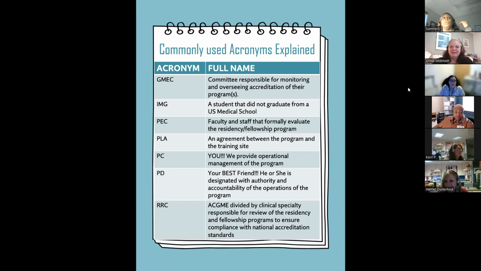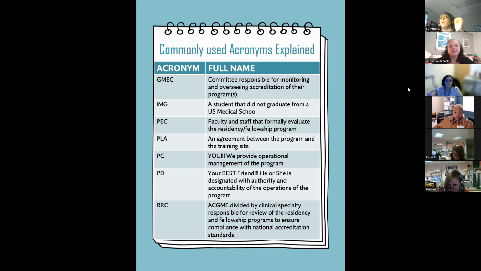So you help with the management of the actual program to make sure everything is in line. You're like the voice for the residents when it comes to things of that nature. Your program director is your best friend. If your program director is not your best friend, you need to work on that. He or she is the authority, and they're accountable for everything that goes on within the program.